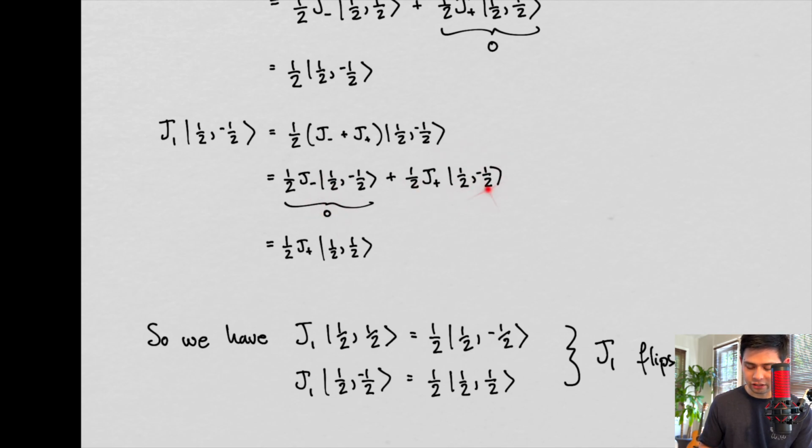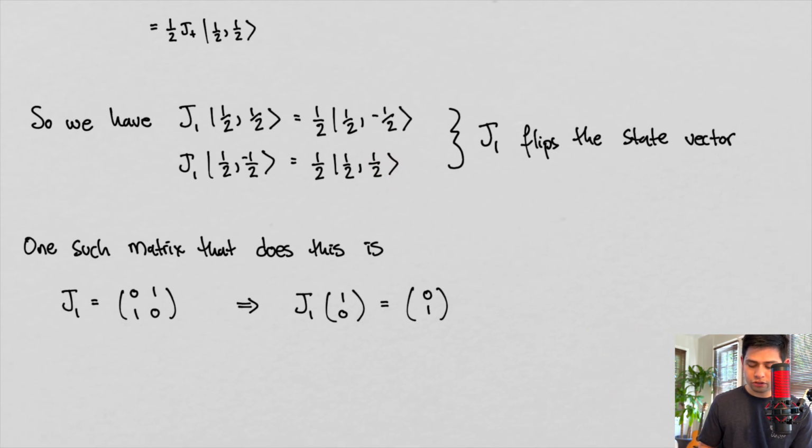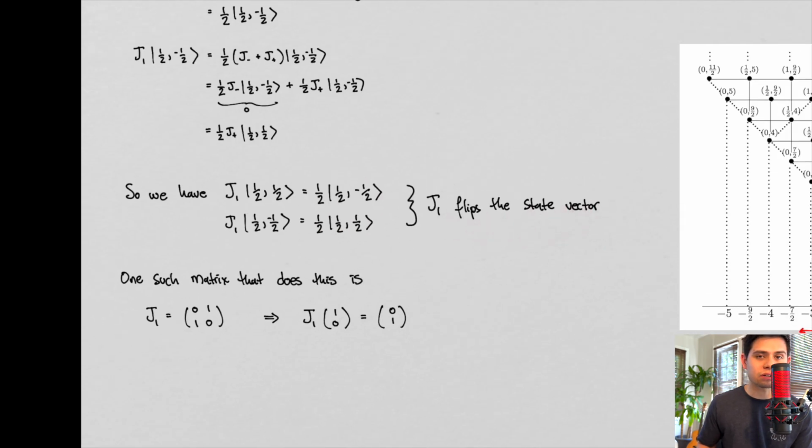And this guy is actually going to go up 1/2. So what we have is J1 acting on this state will bring our eigenvalue down, and J1 acting on this state will bring our eigenvalue up. So J1 flips the state vector, right? It flips these two entries. That's what J1 does. Okay.